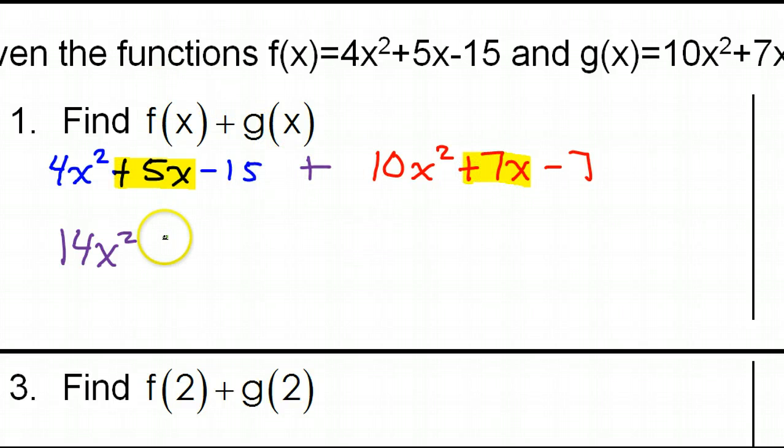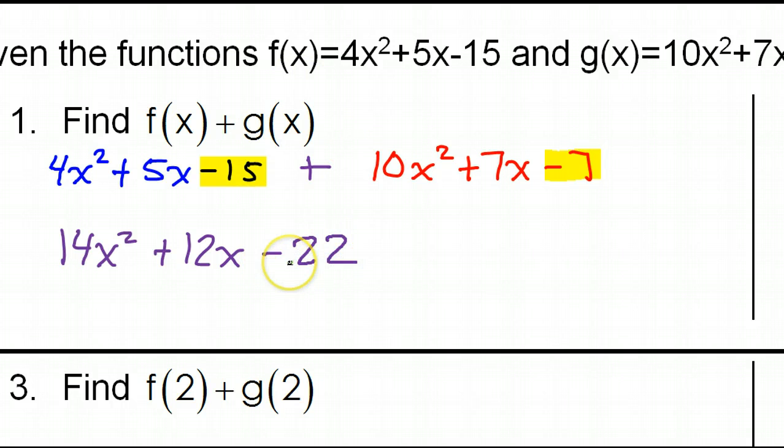So that's going to make positive 12x. Finally I have negative 15 and negative 7. So that's like negative 15 plus negative 7, so that's going to be negative 22.